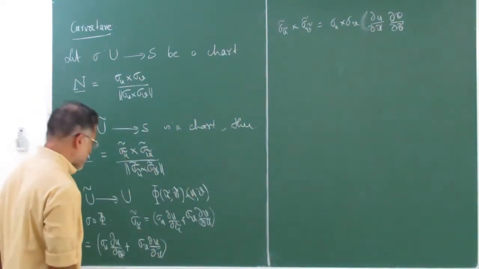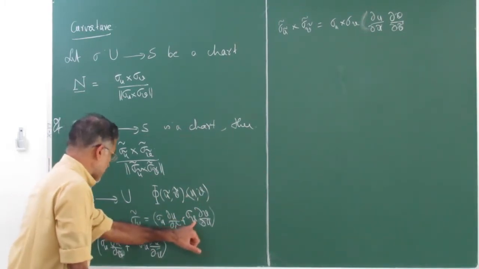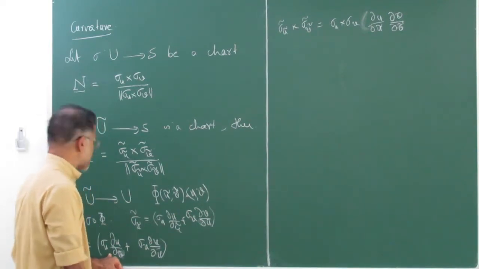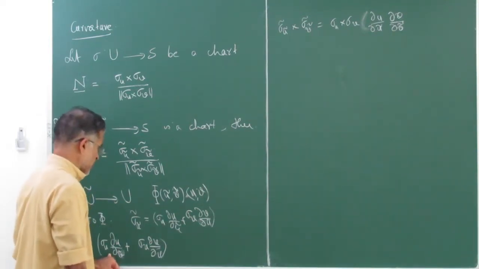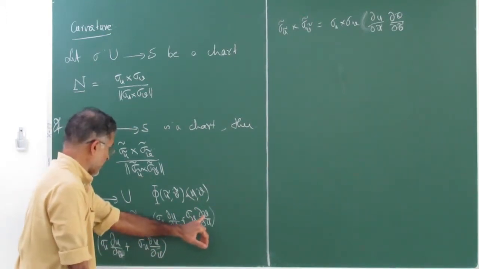And what is the next one? Plus, the next one is sigma v cross sigma u. Sigma v cross sigma u is minus sigma u cross sigma v. So you can take that and put a minus sign, and what you get?